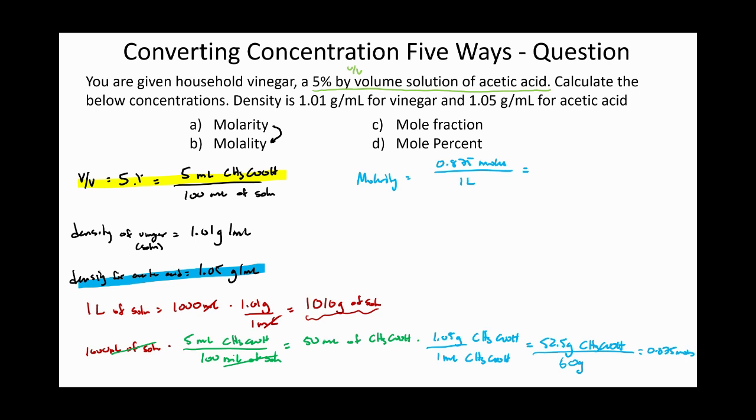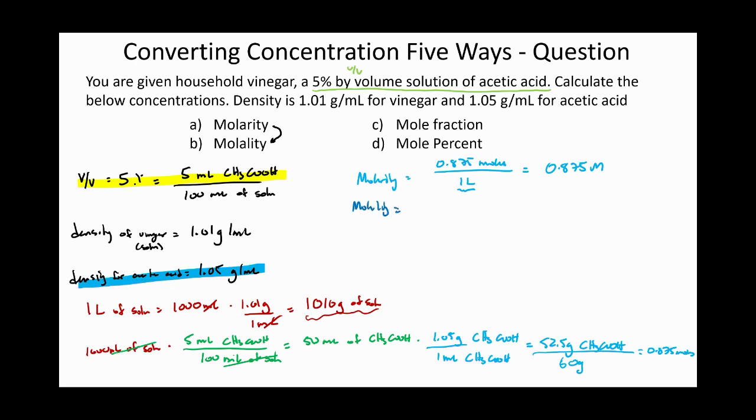So it's a lot of manipulation, all depending on the solution volume we assumed. If we had assumed 2 liters, we'd just have double the number of moles, and we'd get that our molarity here is 0.875 molar.